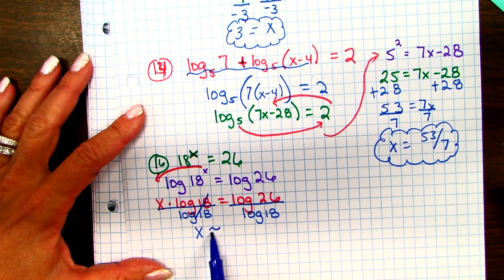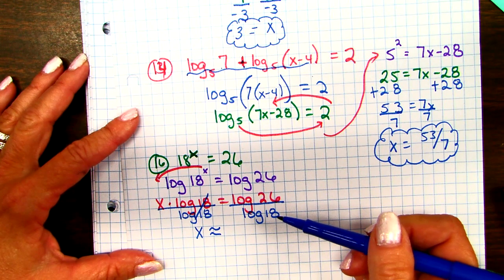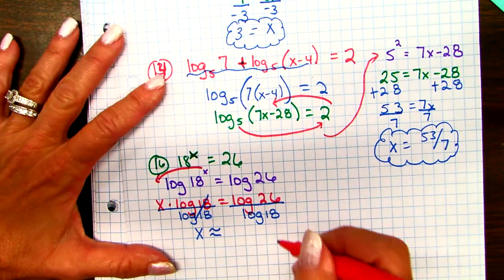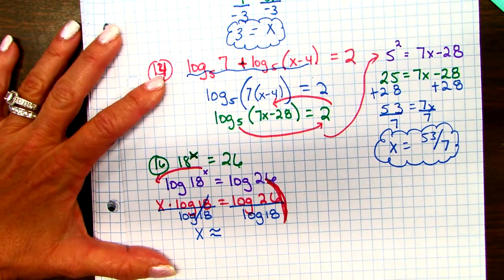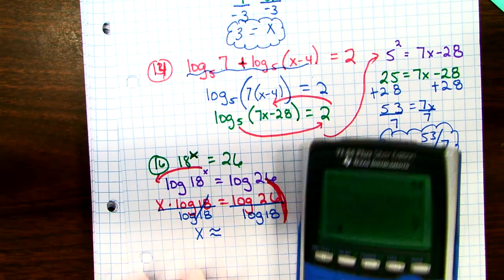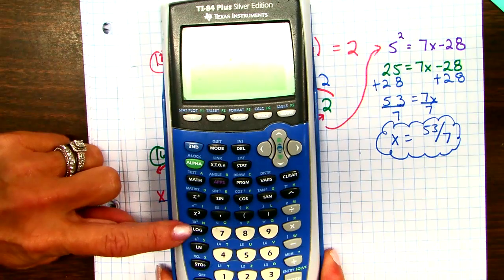And then we're going to have to put this in our calculator correctly. What are you not going to forget? The parentheses. I'm going to be really obnoxious for a reason. Okay? That's really obnoxious because you really only want it in the numerator. But remember, your log button is right here.